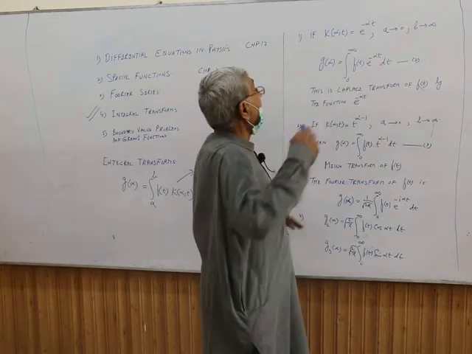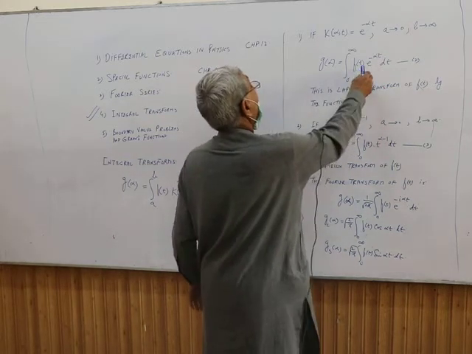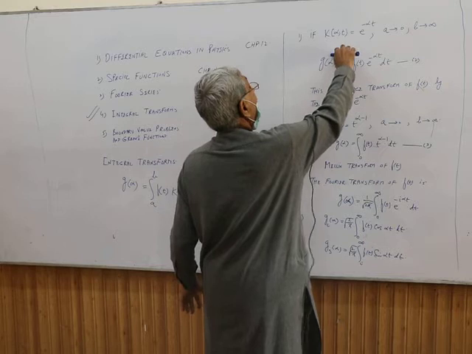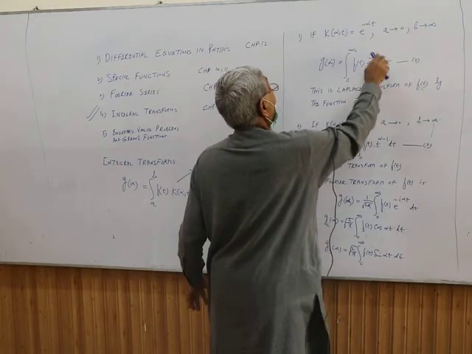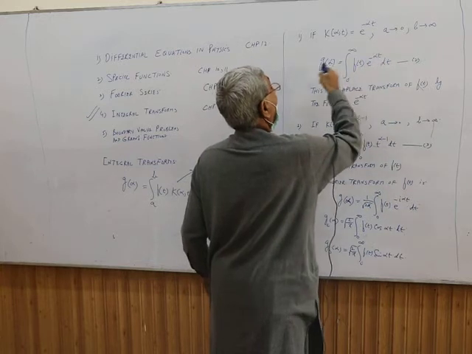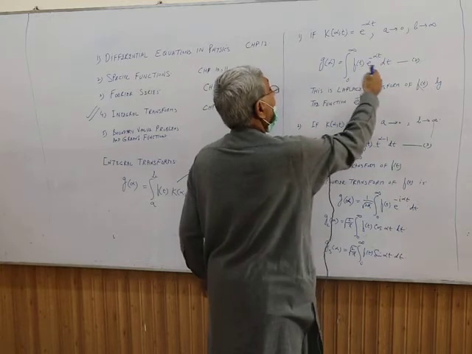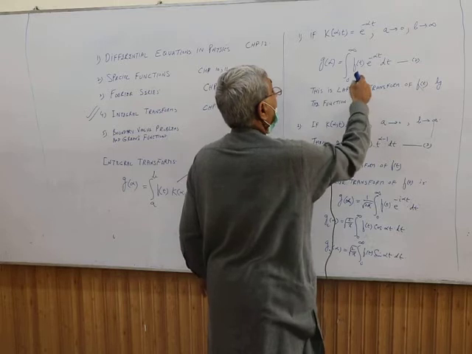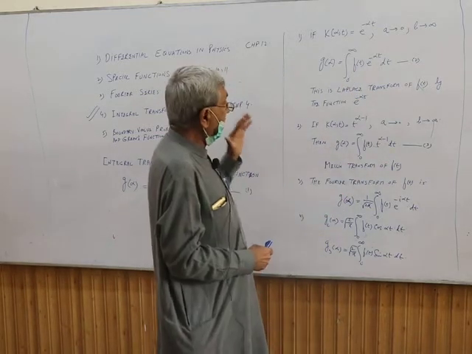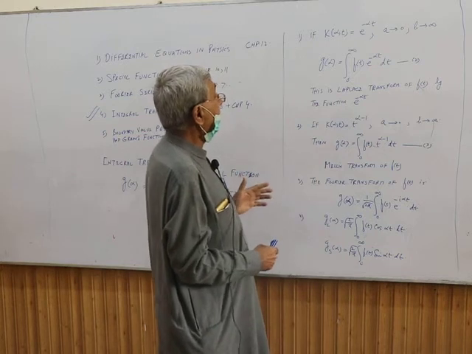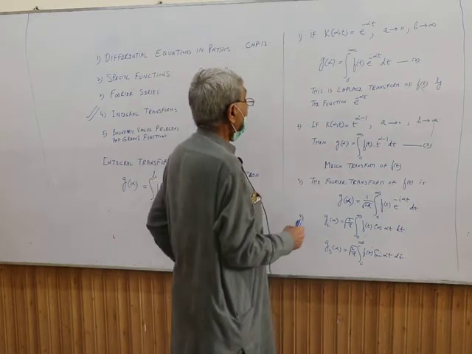It means f(t) is being transformed into g(alpha) with the help of e raised to minus alpha t, and this type of transformation is known as Laplace transform. This we'll be studying in detail, and we'll be solving some differential equations with the help of that.